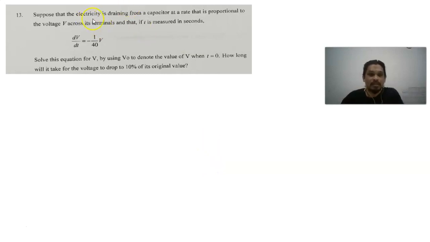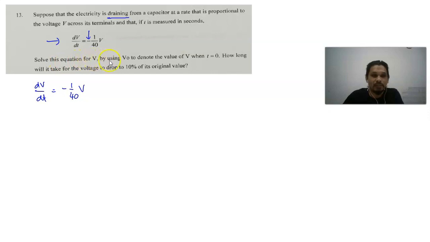suppose that electricity is draining from the capacitor at a rate proportional to the voltage. It's mentioned here now. Okay, if t is measured in seconds, this is the question here now: dV/dt equal to negative 1 over 40 V. Okay, so what draining gives us, recall the situation, has come up with negative here.